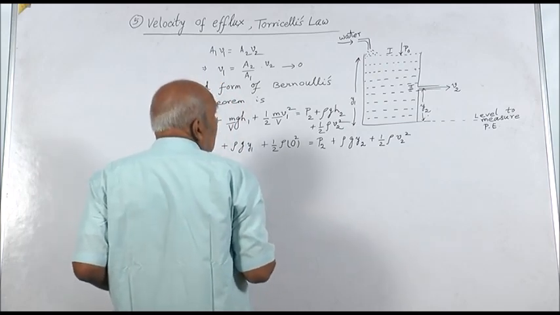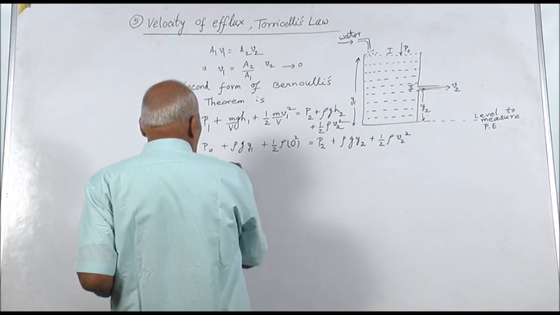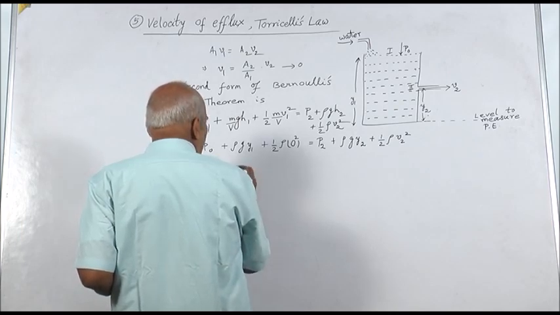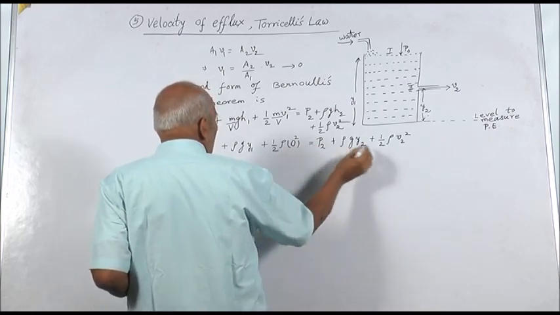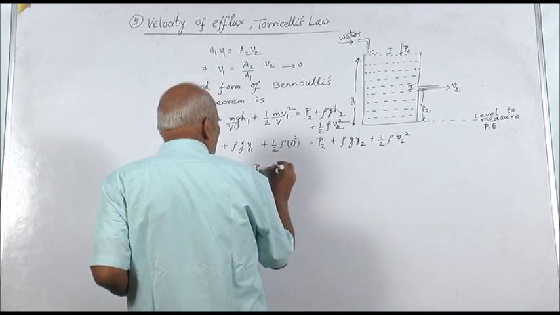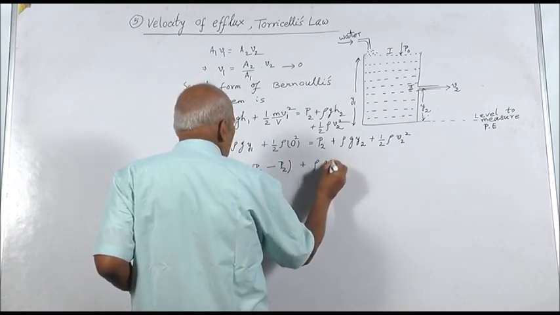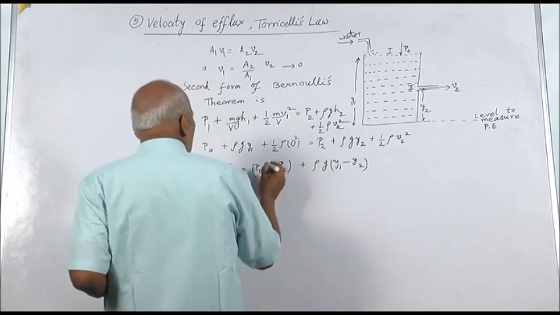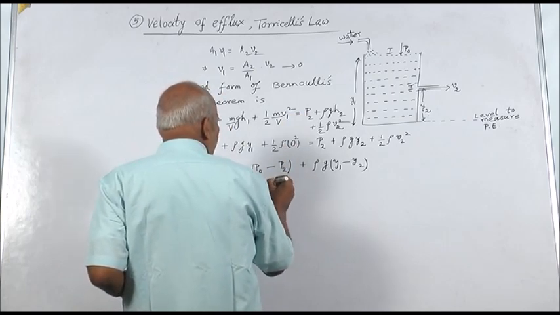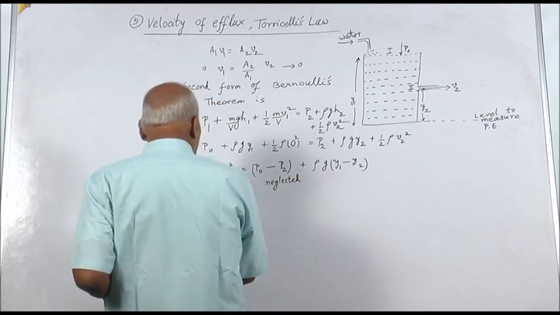So, we can write half rho V2 square is equal to P0 minus P2 plus rho g Y1 minus Y2. The pressure difference is very small and it is neglected.